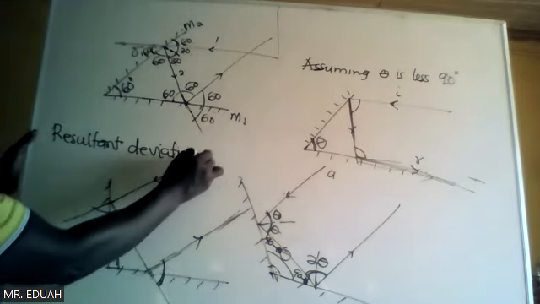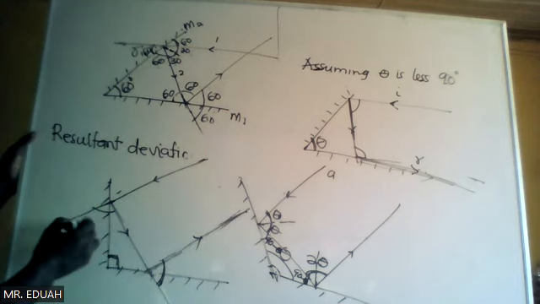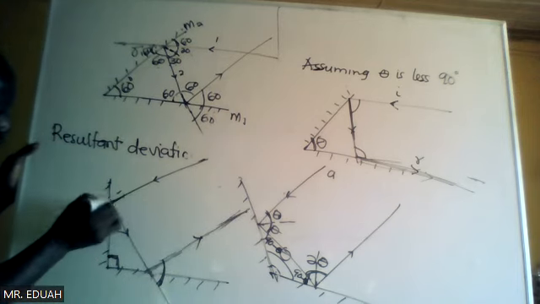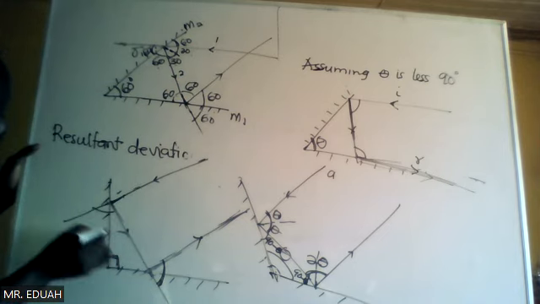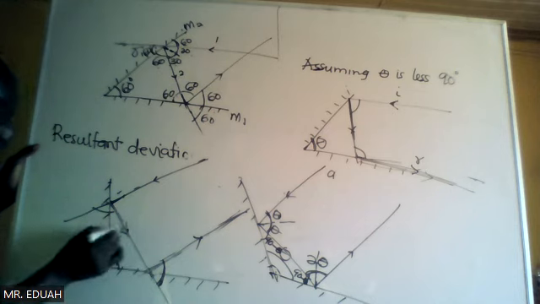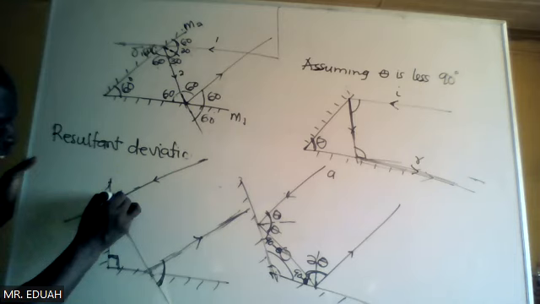Because this ray and this ray are parallel, it means that the incident ray and this reflection must make an angle of 90.